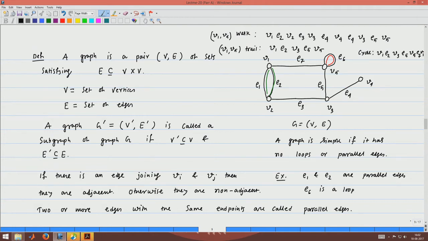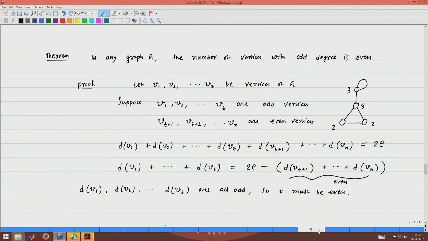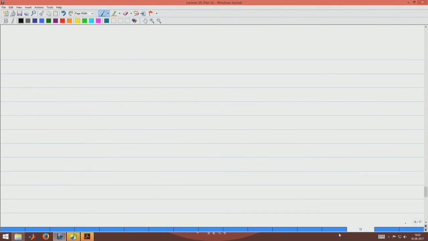Now, we talk about when a graph is connected.